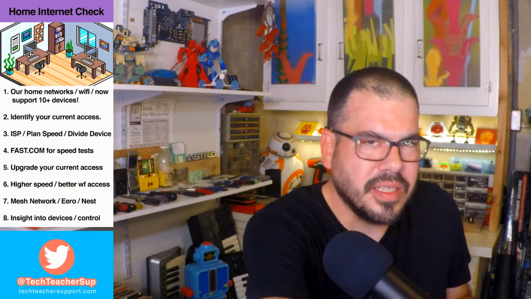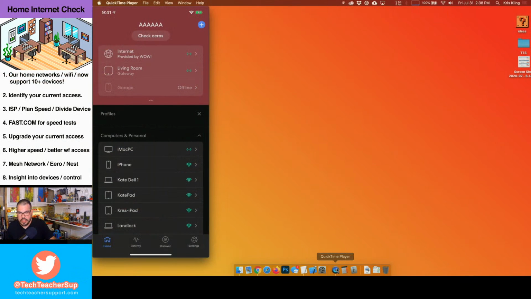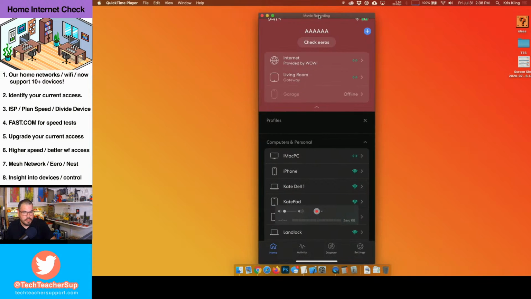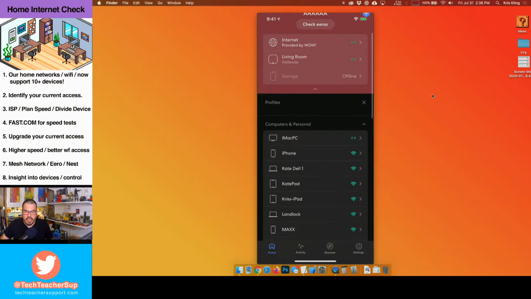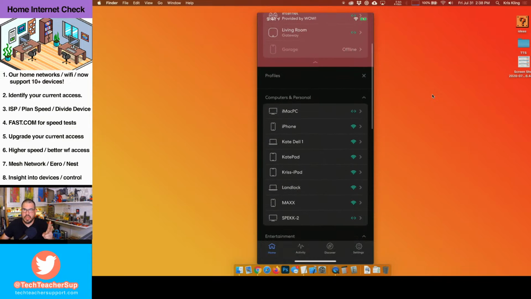And the cool part is you can manage them all. And that's my final point right here. I'm going to pull my screen back up, and let's see if we can go over to this. All right, so again, because I'm running a mesh network system, I have a connected app, and this app lets me see 2 things: who's connected to the network and how much bandwidth they're using.